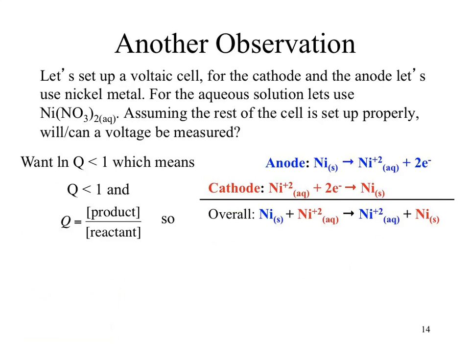So when we go through to try and plug in numbers, we have to be very careful that what we're putting in as our product is the ion concentration of the species located in the anode. When we go through to determine the reactant concentration, it's the ion species located in the cathode. Okay? In most Nernst applications, and what you saw on your previous exam, those two species were very clearly different.